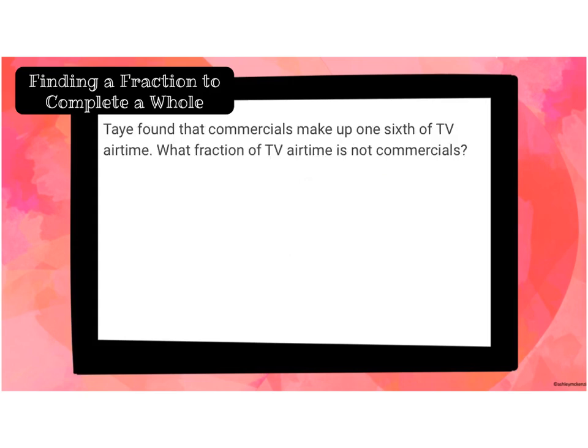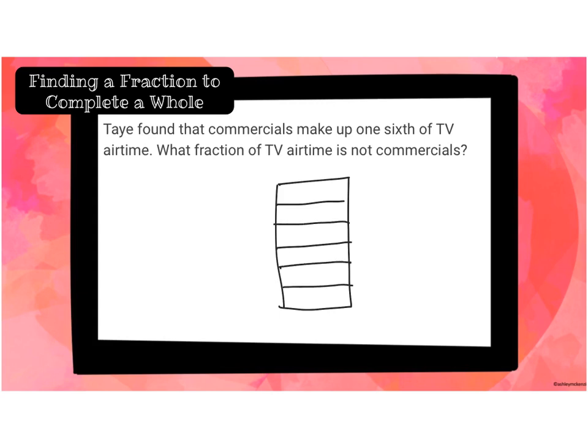Okay. Here's another one. Tay found that commercials make up 1/6 of TV airtime. What fraction of TV airtime is not commercials? So again, if I were to draw my fraction bar, I know that 1/6 is commercials.